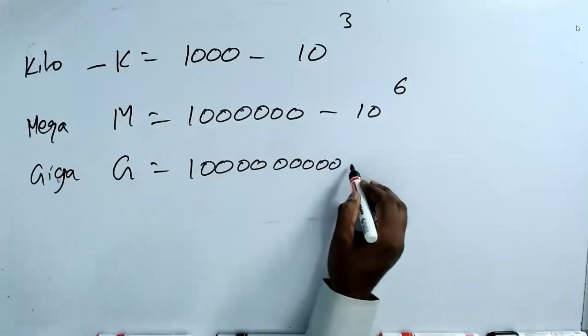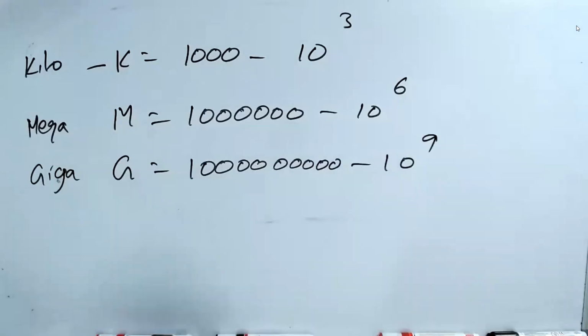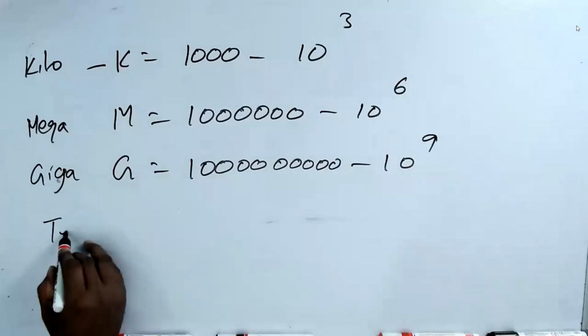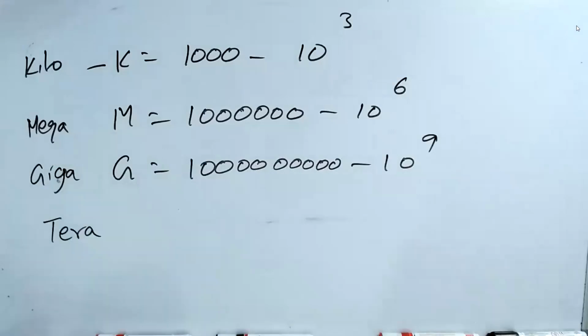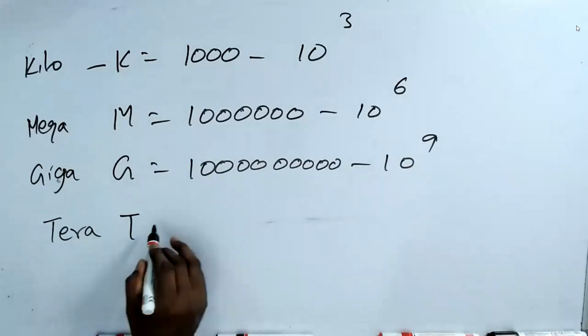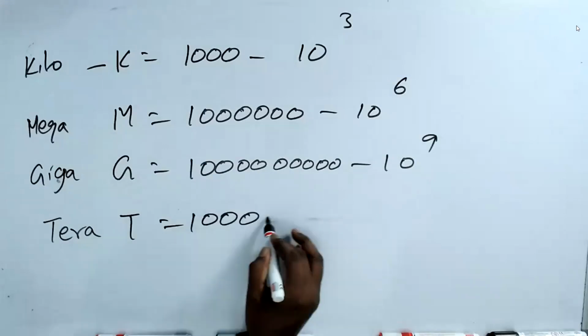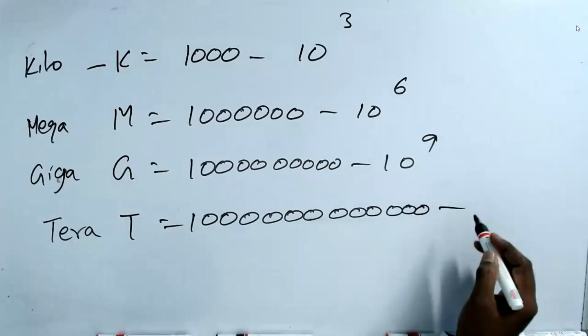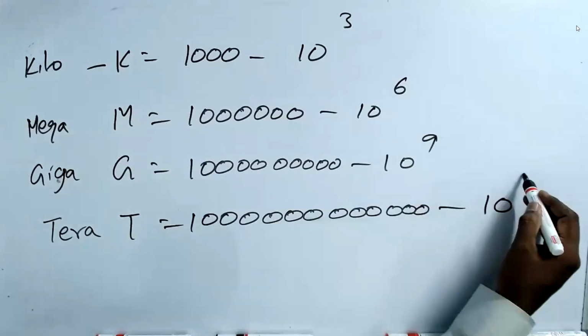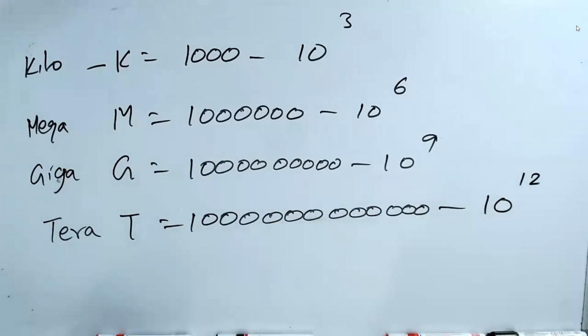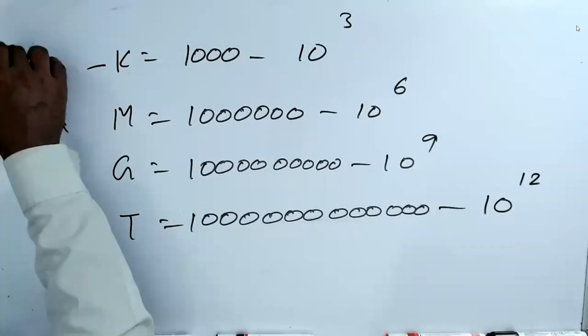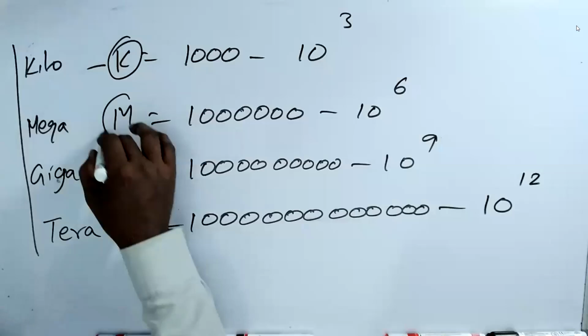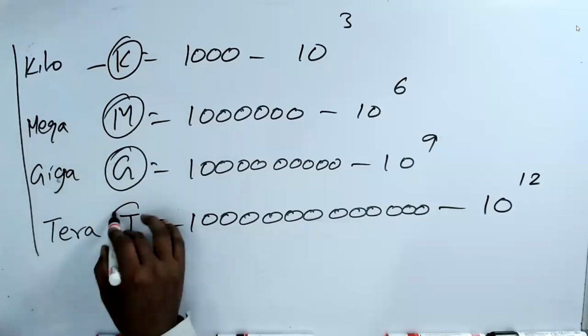Then tera. You have heard your hard disk is 1 terabyte. 1 tera is T, 1 followed by 12 zeros, 10 power 12. Am I right? This is what we use nowadays: kilo, mega, giga, tera.